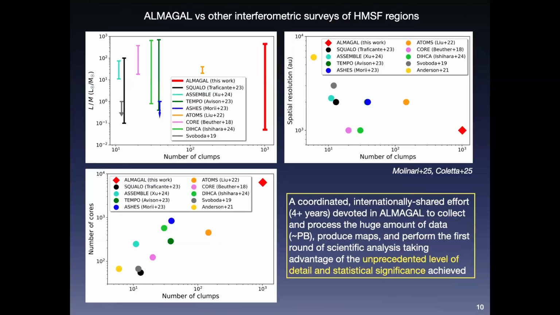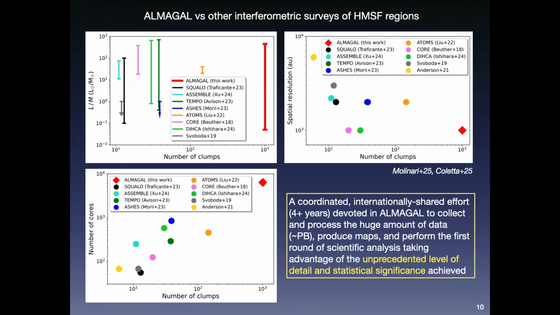This is just to put ALMAGAL in context with the other recent interferometric surveys. We spoke about some of these specifications. For example, in terms of coverage of the L/M indicator, ALMAGAL is expanding the sample available.